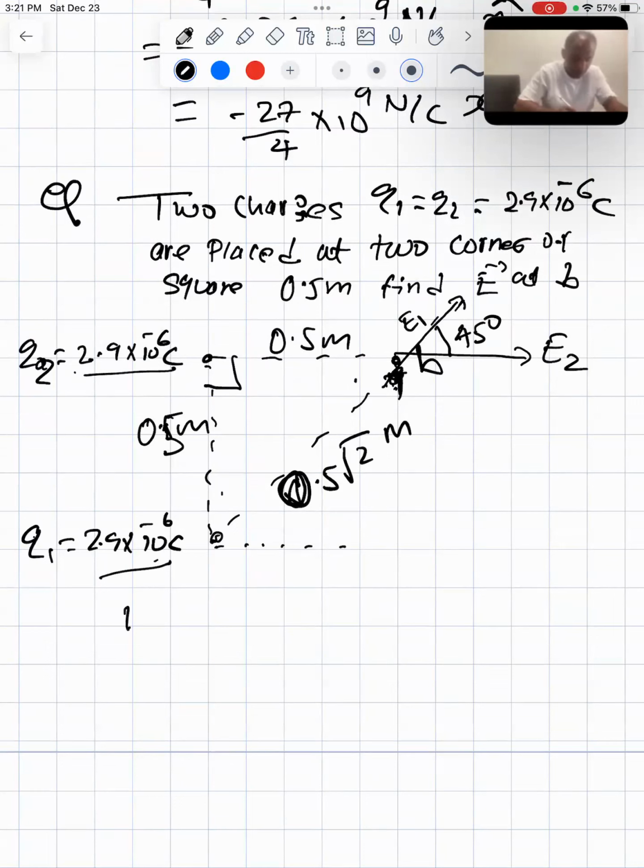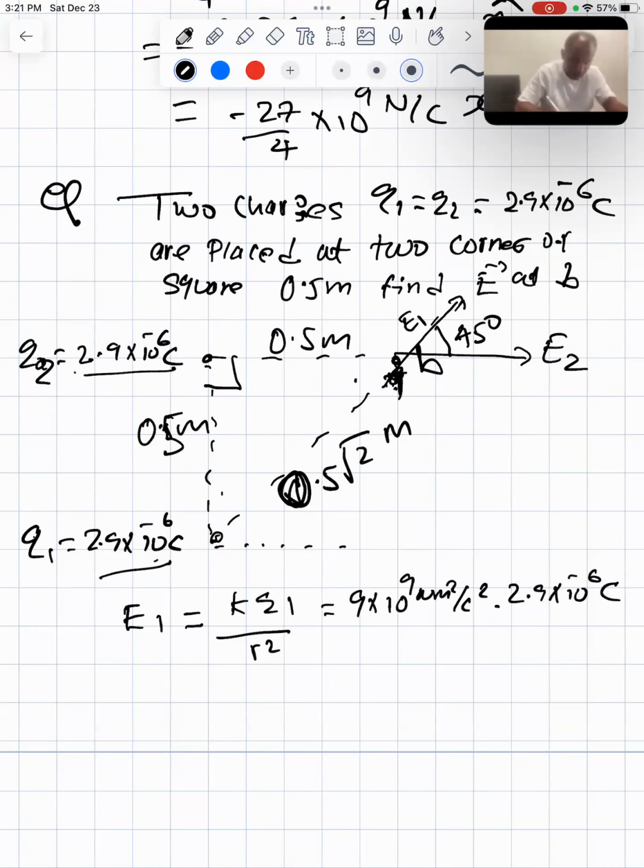So E1 is the electric field from Q1. It's going to be K times Q1 over R squared, okay? K is 9 times 10 raised to 9 Newton meter squared per Coulomb squared. Q1 is 2.9 times 10 raised to negative 6 Coulomb. The distance of Q1 from point B is 0.5 times square root of 2 meter, squared.